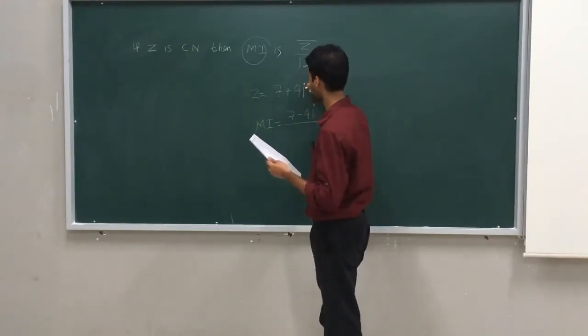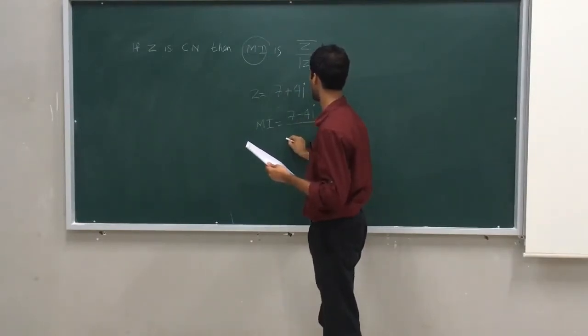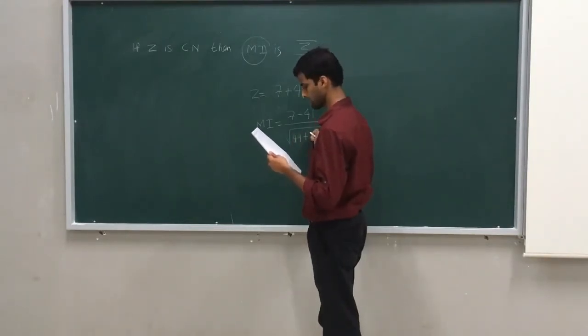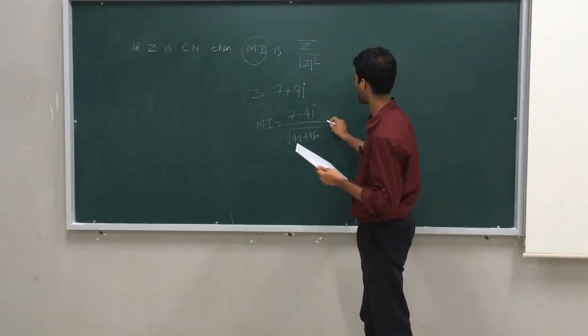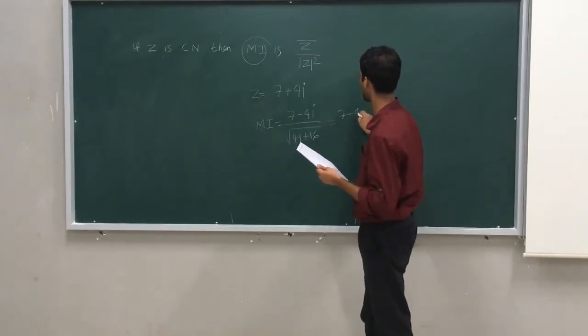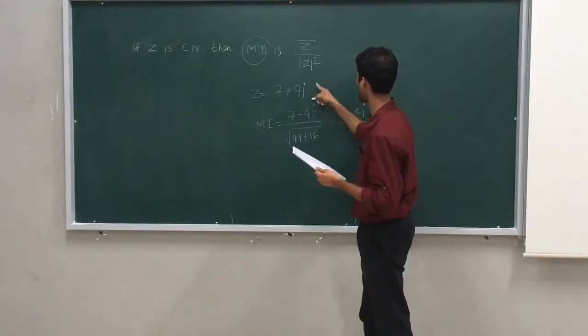So mod z is nothing but the mod of this. Therefore, mod z is the square root of 7 square, 49, plus 4 square, 16.